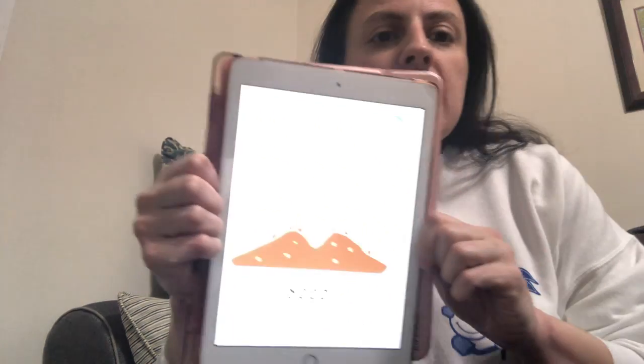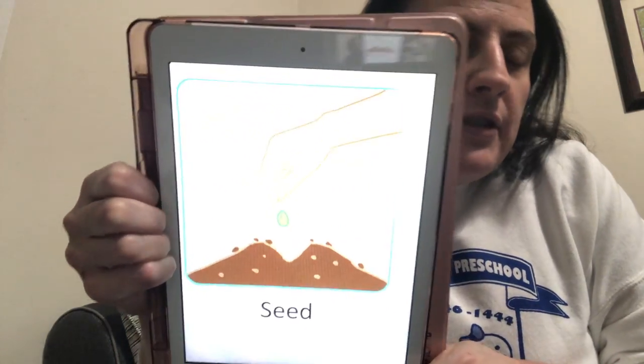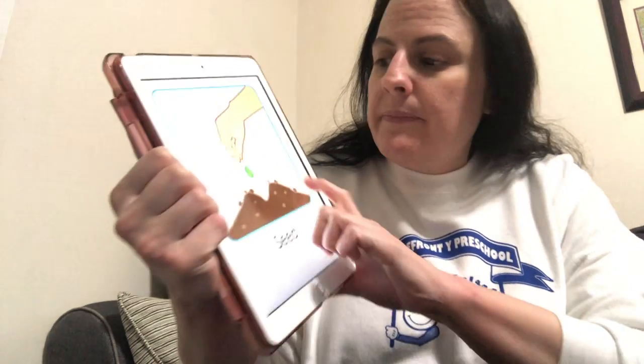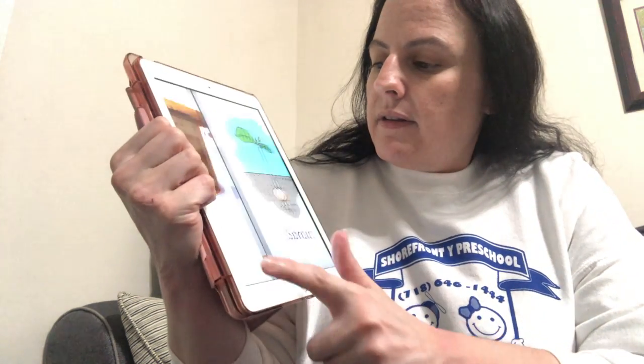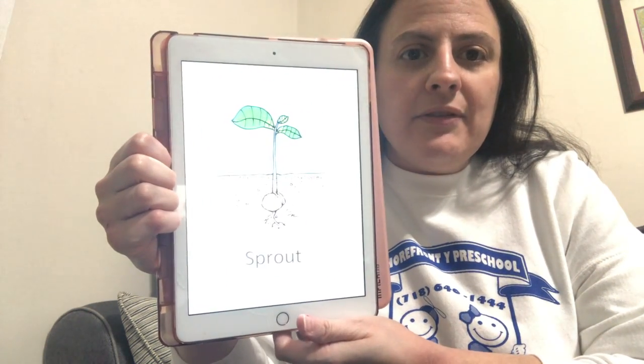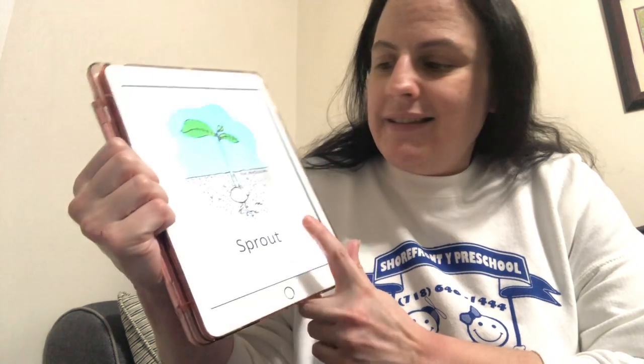And then we also spoke about a plant life cycle. Remember the book we made? Well, I first will show you this. See? First, you have to plant the seed, right? And then roots grow. And then a sprout grows.